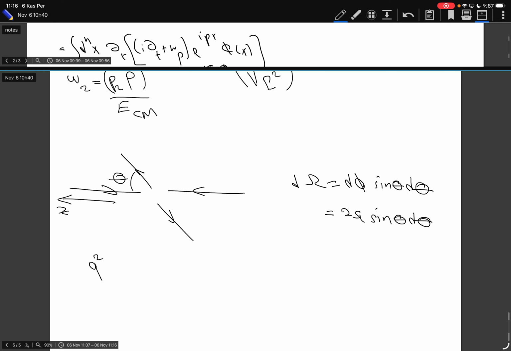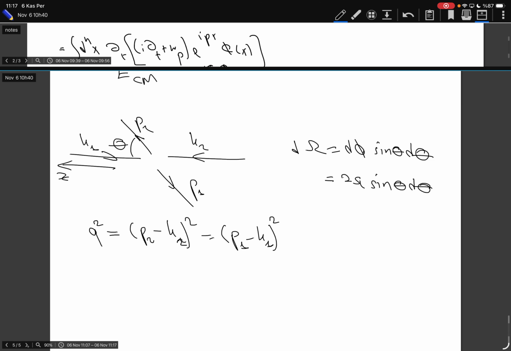Well, let's see, what is Q squared? Let's see, this is K1, this is K2, this is P2, this is P1. P2 minus K2 squared, this is the change in the momentum of our particles. Whichever one you prefer, this is the momentum transfer to any one of them.